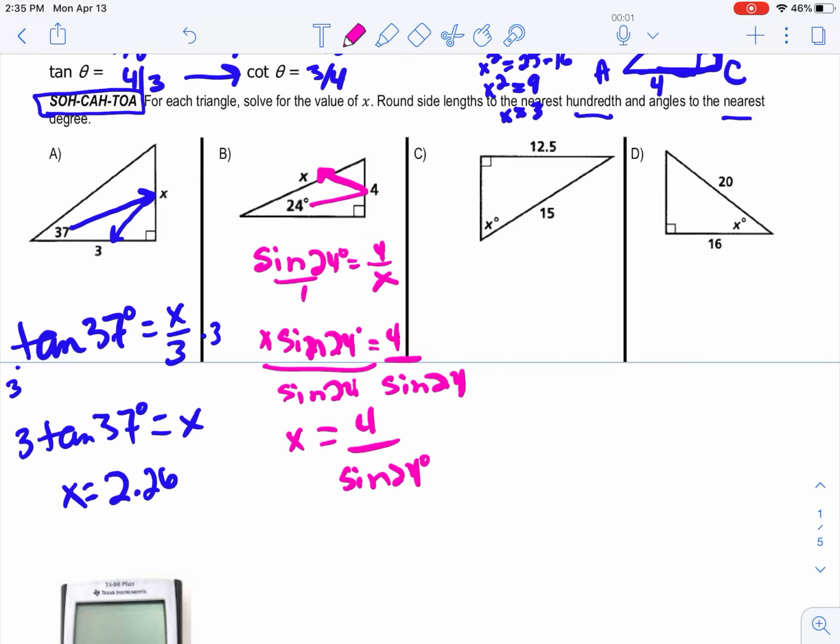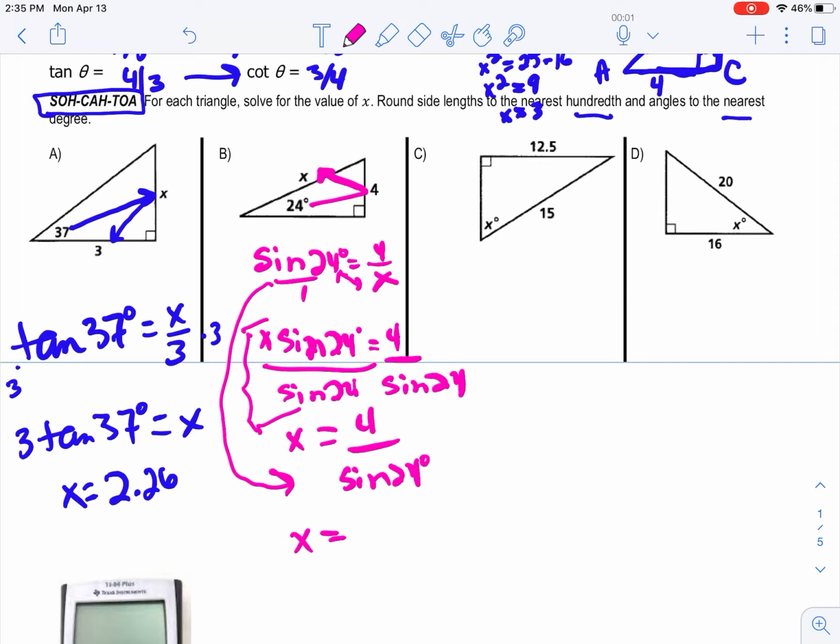Okay, so since that is division, you could have skipped these 2 steps in the middle, if you realize that the x and the sine of 24 are going to cancel, you can go straight to writing it like this if you remember that trick back from geometry. That's great.